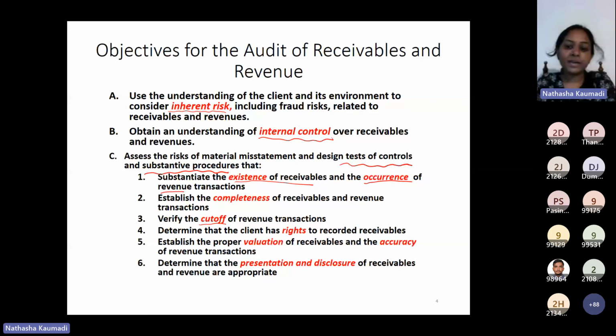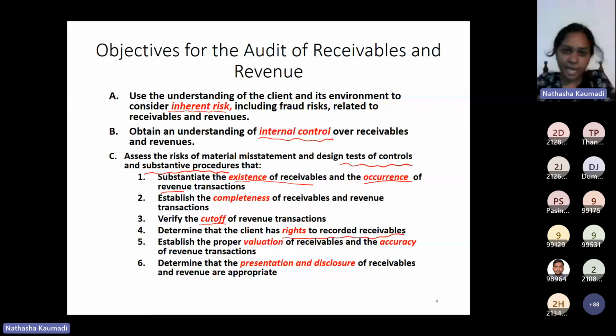Determine that the client has rights to recorded receivables. Rights to recorded receivables means whether the company has a right to all these trade receivable balances. What do you mean by that? Now think about the trade receivables. Sometimes, even though trade receivables are there, the company doesn't own those trade receivables. The company doesn't have a right over them. What are the situations where we find those issues?